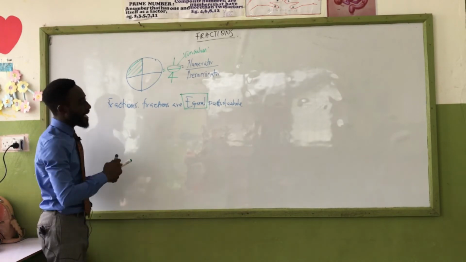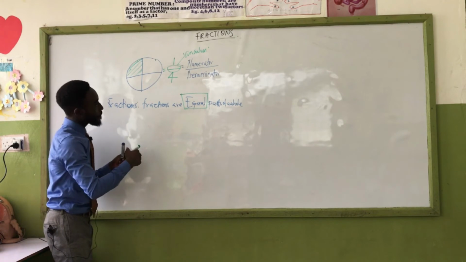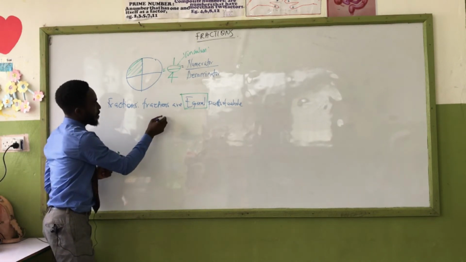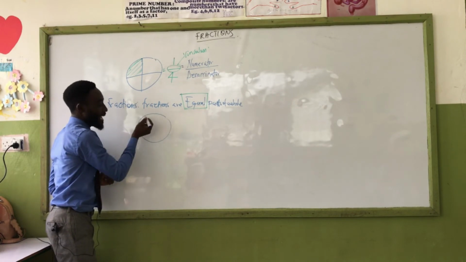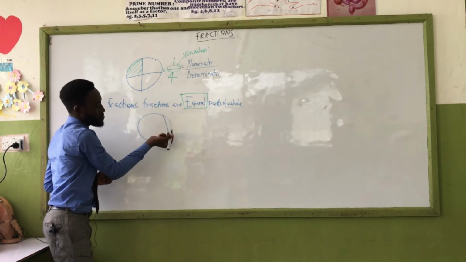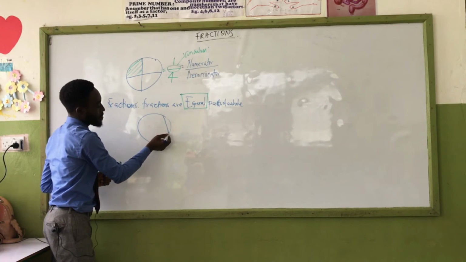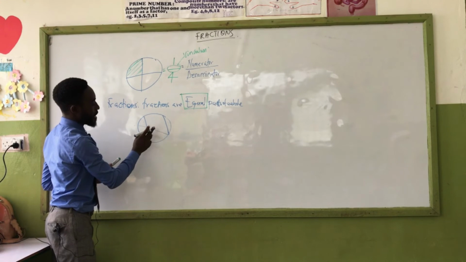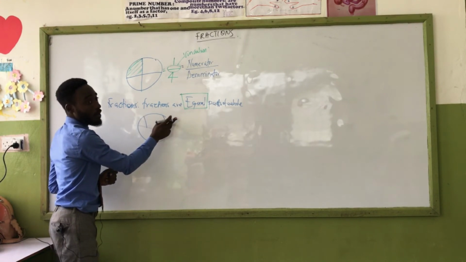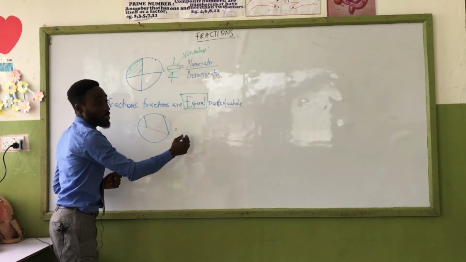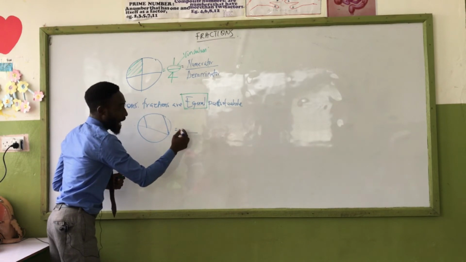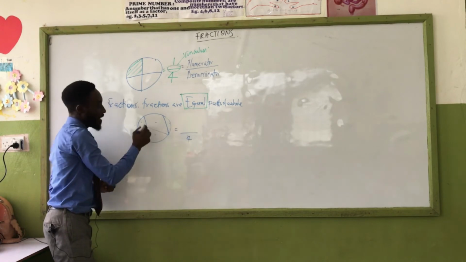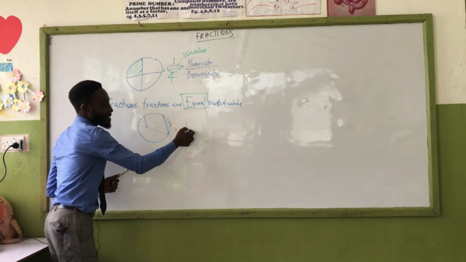For example, watch here, if I should have something like this, let me use the same shape. I share it into 4 parts: 1, 2, 3, 4. The total parts are 4, right? And if I take 1 out of it, it looks like 1 out of 4.